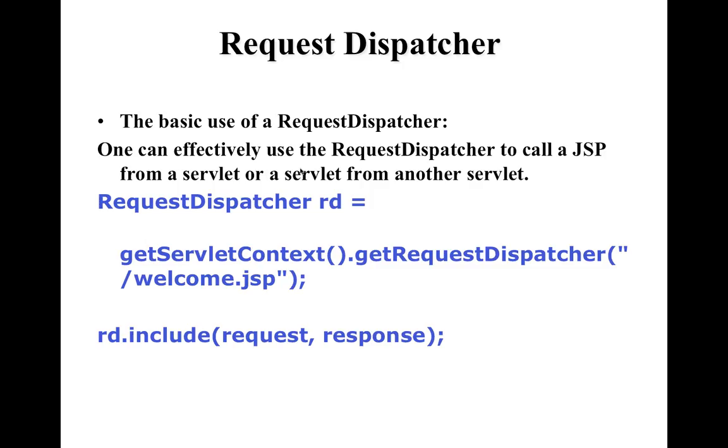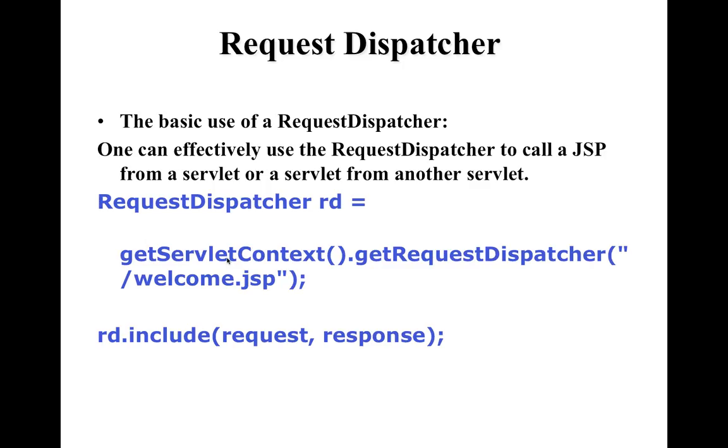Good. So how do you get a handle of request dispatcher? You're going to say getServletContext().getRequestDispatcher, and you're going to bring in welcome.jsp. So that means you need to know what a servlet context is. Servlet context is an application level scope in a web application.